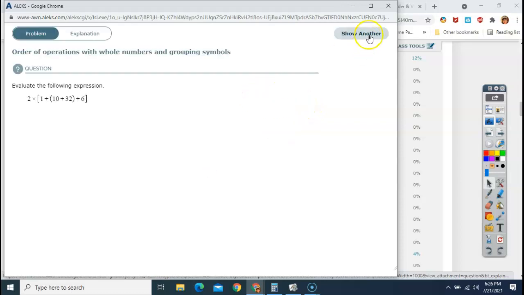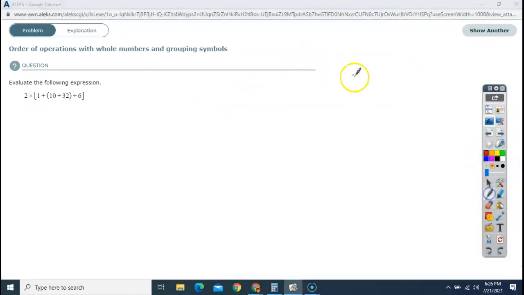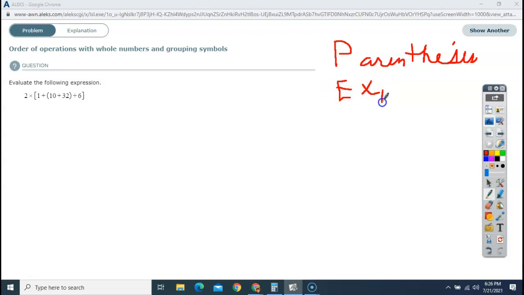Okay, so grouping symbols. We went over something like this last time, where a bracket is considered a parenthesis, and we start with P for parenthesis, then exponents, and we haven't had any exponents yet.